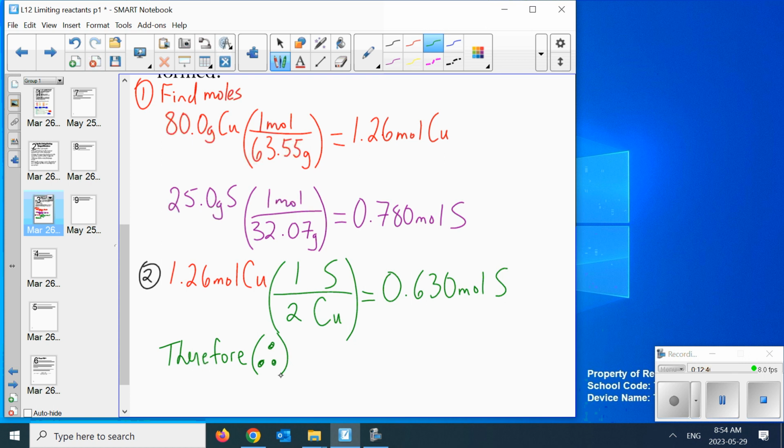Therefore, S is in excess. Copper is limiting. You understand the logic behind that?